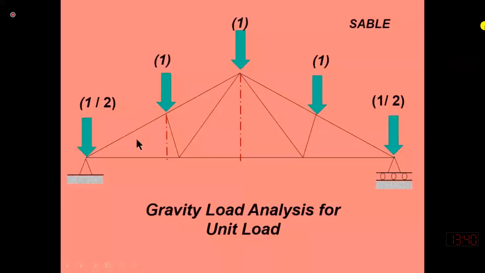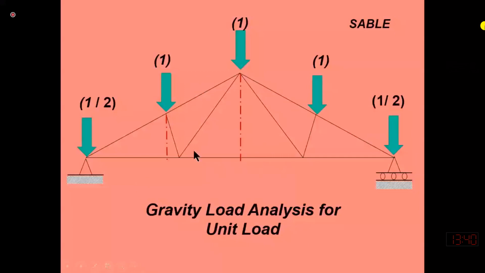But I recommend learning how to perform the analysis on SAP software, ETABS, or any software which is available online. You just need to attach the report along with it. So due to these forces, you can determine the internal force in each member, and then write the forces due to the unit gravity load in this column.